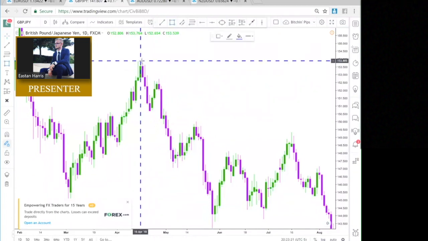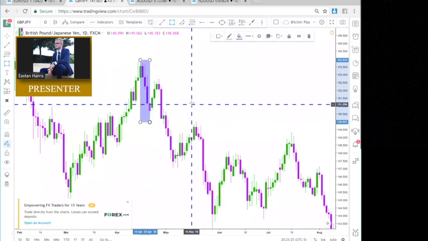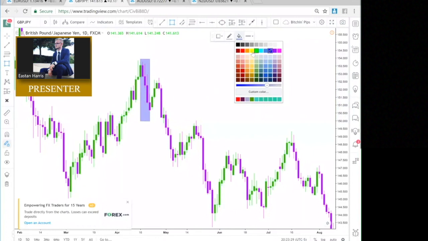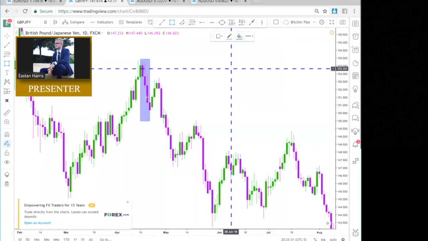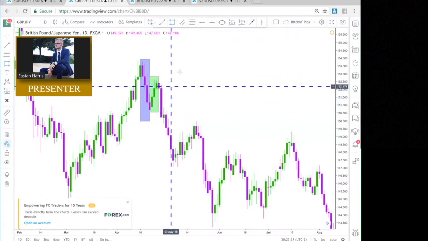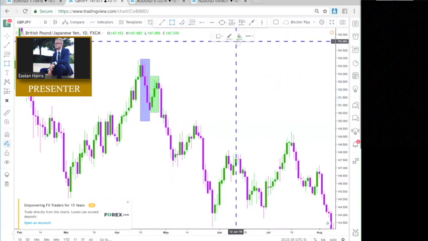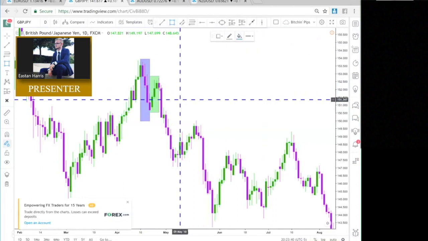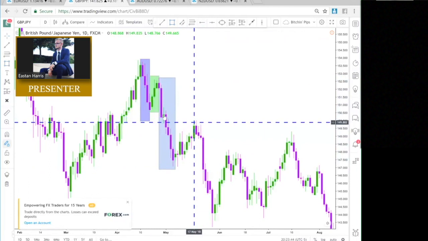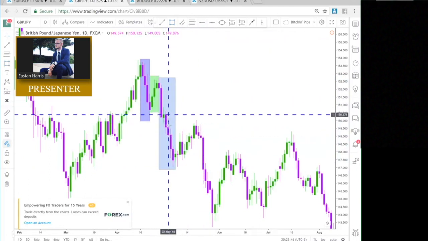So we have a push down right here, and then we have our retracement to the upside, which will make green right here. And then we have another push. We have our other push coming down, and now I want the retracement of this move right here, for this move specifically. Yeah, yes.